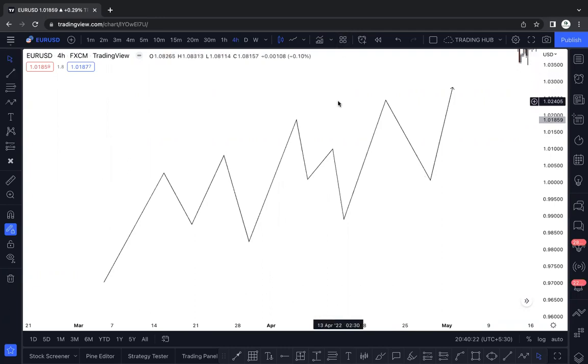It can take 2 days, sometimes 1 day. But as a day trader, you have to mark only the 15-minute high or low like this, correct?